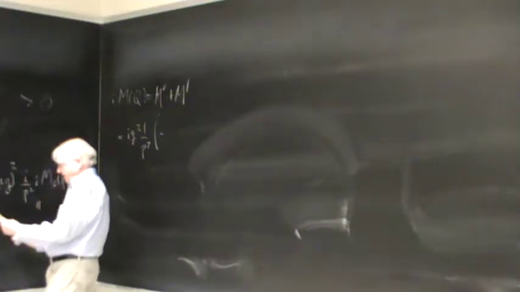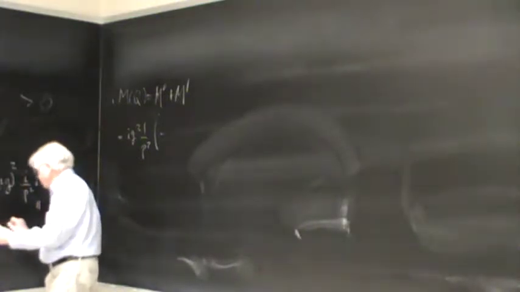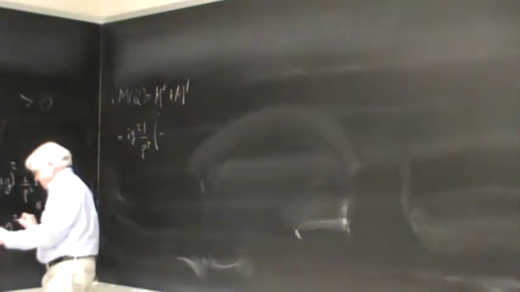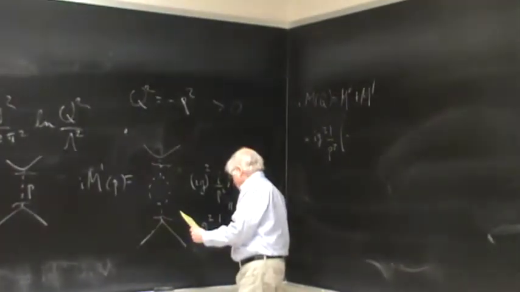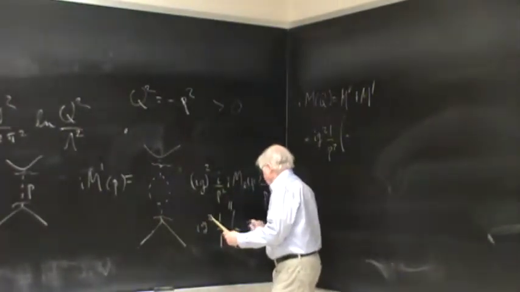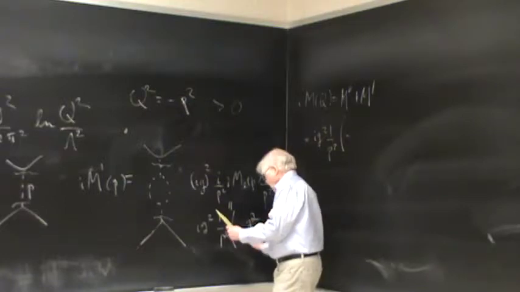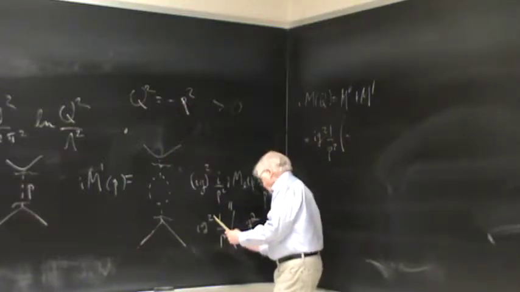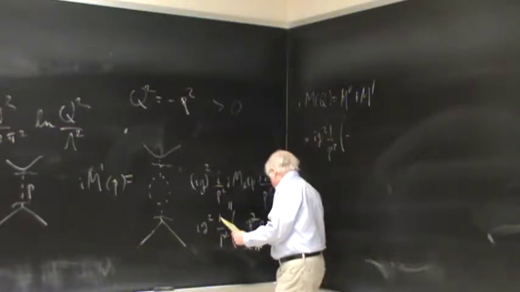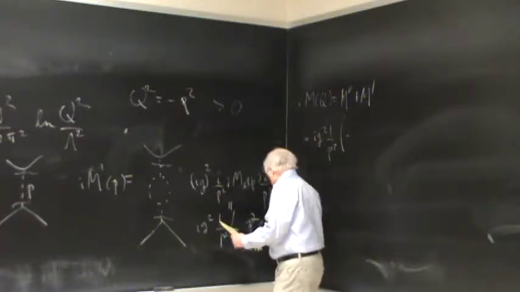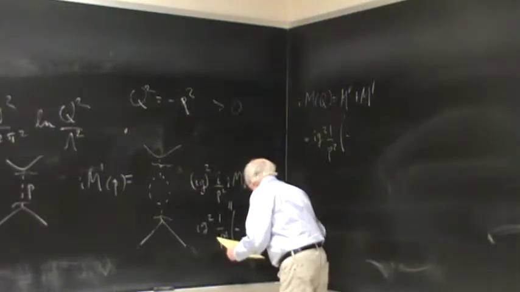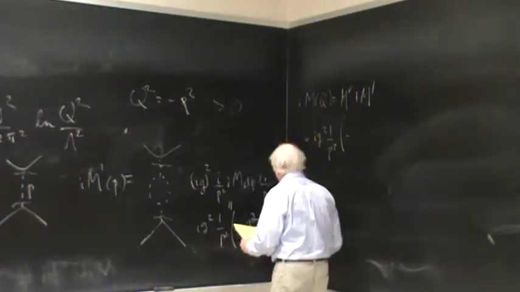That's what I meant to write here. This is i g squared 1 over p squared times minus g squared over 32 pi squared, then log minus p squared over lambda squared, and then again 1 over p squared.